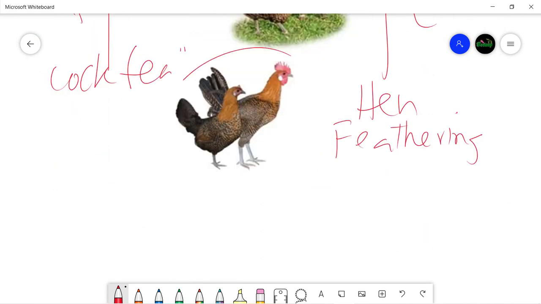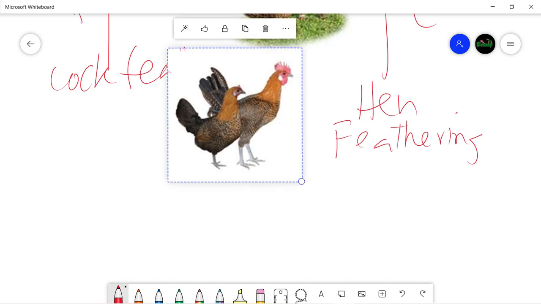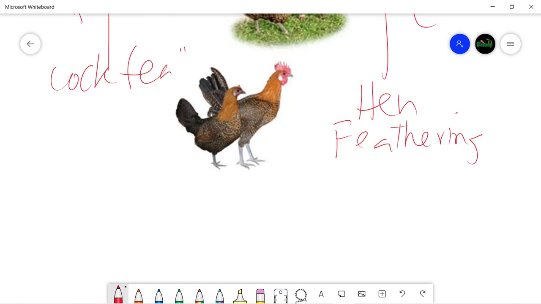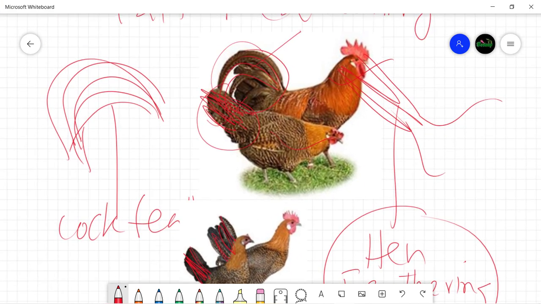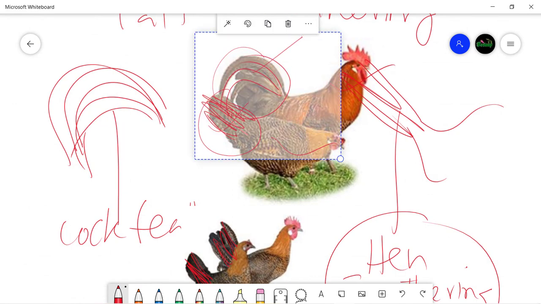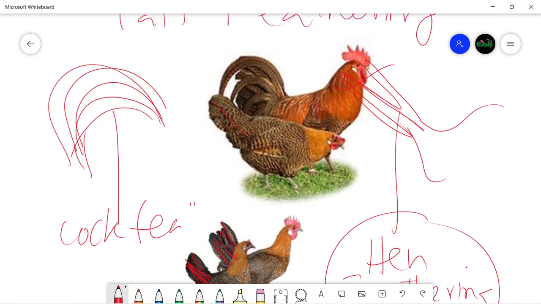In this image, as you can see, the situation is somewhat different. The female, or the hen, still has that hen feathering. Now here the cock has the hen feathering as well. So in both, the feathers are hen feathered, and the cock does not possess these sickle shaped feathers.